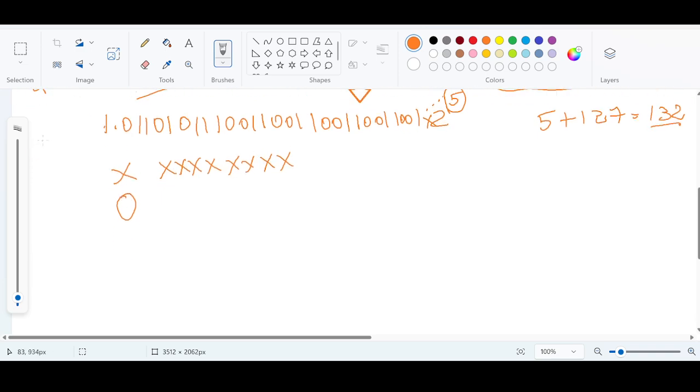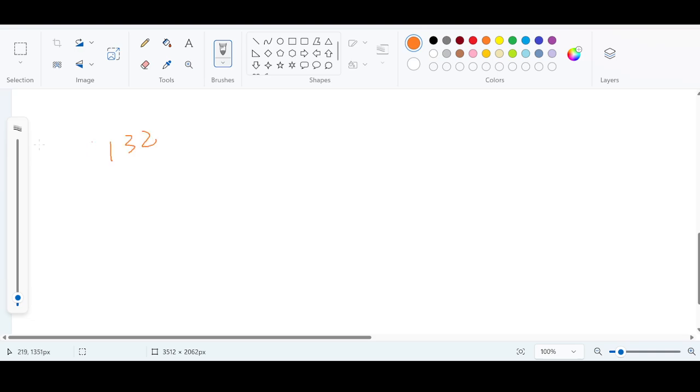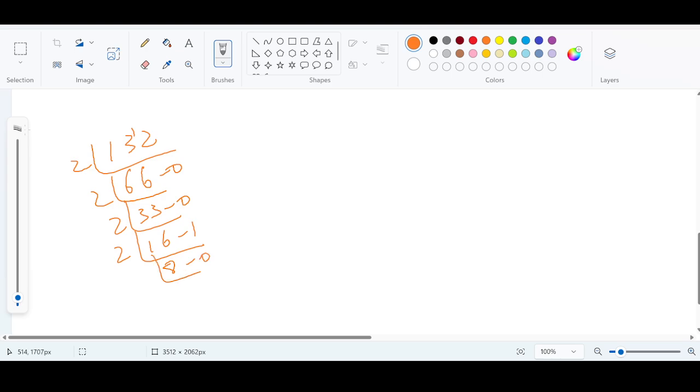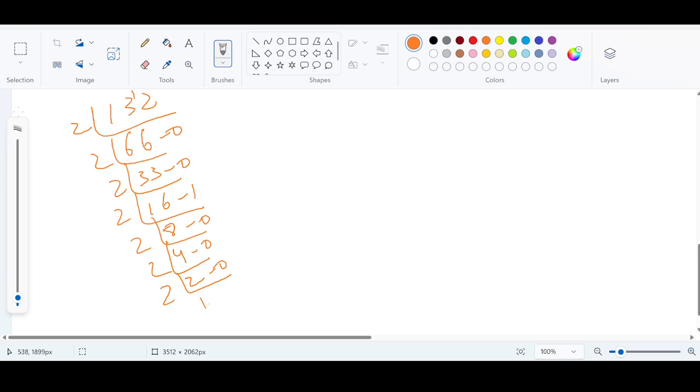What is the equivalent binary number for 132? Let us calculate that also. 132 divided by 2: remainders 0, 0, 1, 0, 0, 0, 0, 1 from the bottom. So what is the value that we get for the equivalent of 132? 1 0 0 0 0 1 0 0, that is 1, four zeros, 1, 00.